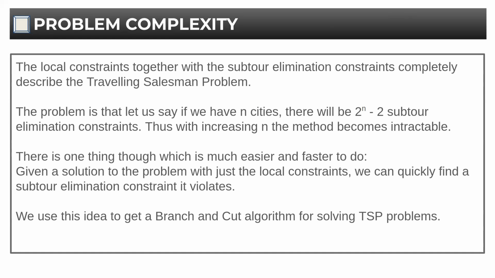Thus, with increasing n, the method becomes intractable. There is one thing though which is much easier and faster to do. Given a solution to the problem with just the local constraints, we can quickly find a subtour elimination constraint it violates. We use this idea to get a branch and cut algorithm for solving TSP problems.